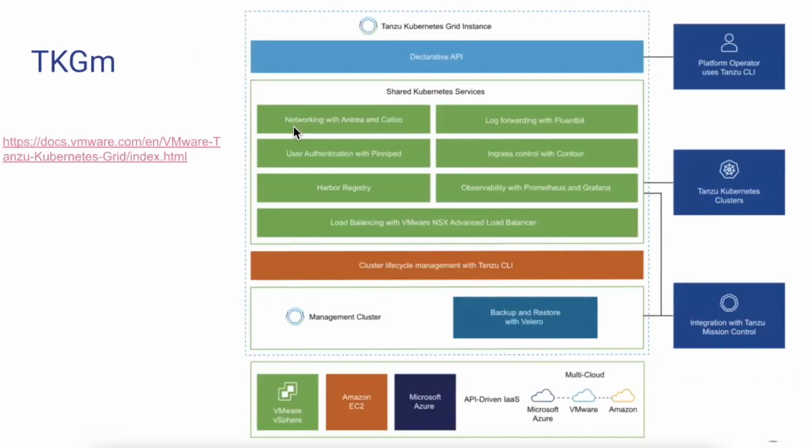So let's talk a bit more about TKGM. Tanzu Kubernetes Grid for multi-cloud is one of the services from VMware which helps you to run Kubernetes clusters across hybrid multi-cloud environments. You can run on a VMware environment, you can run on a public cloud environment. And if I start from the bottom, you can see the support, that's what I was talking about.